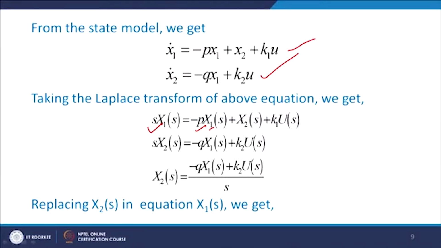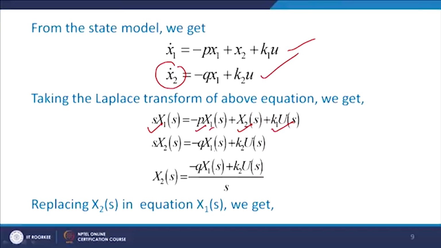So, the Laplace transform is s X1(s) equals minus p X1(s) plus X2(s) plus k1 into U(s). And the Laplace transform of the other is s X2(s) equals minus q X1(s) plus k2 U(s). One important thing is that we have neglected the initial conditions. Now see these equations; we have to solve them.